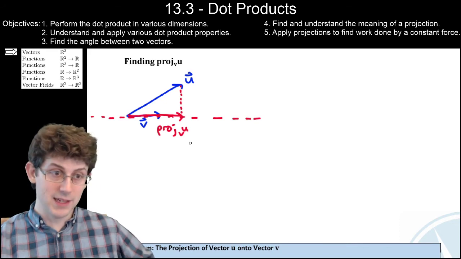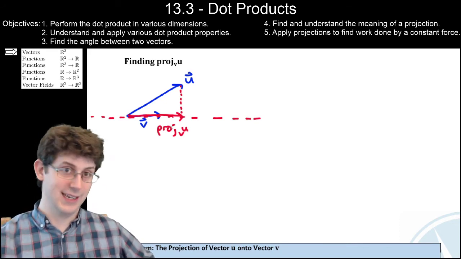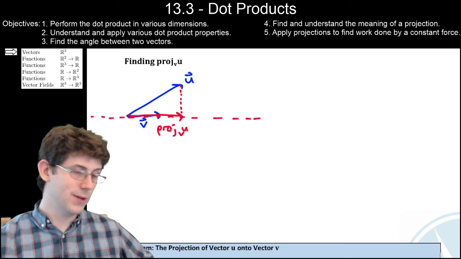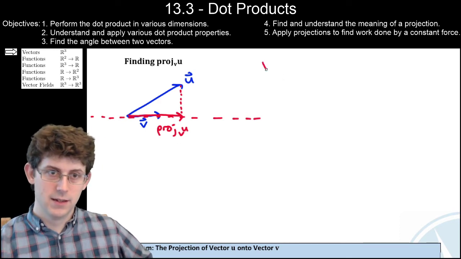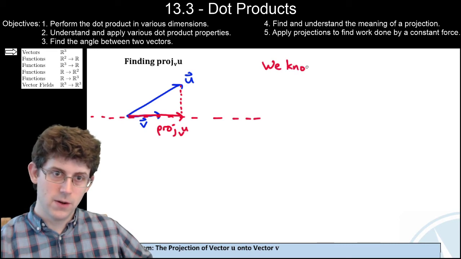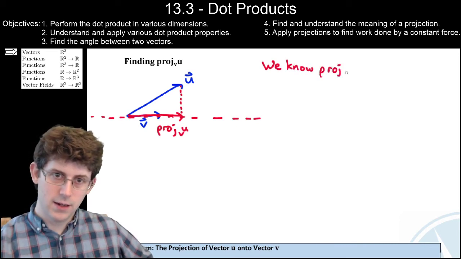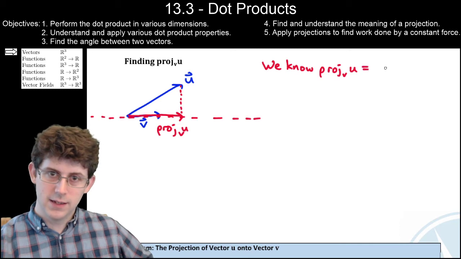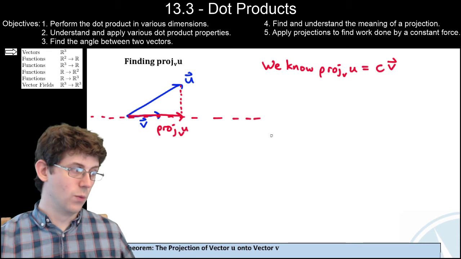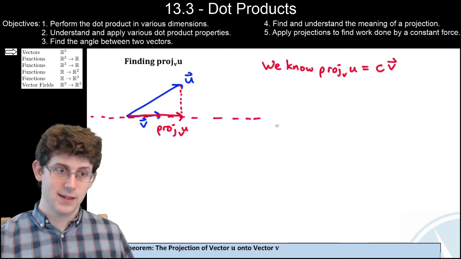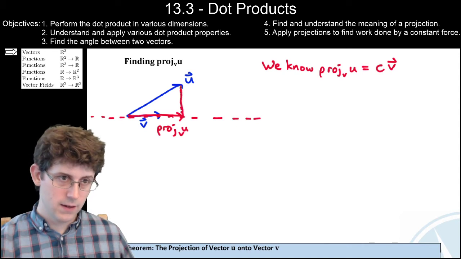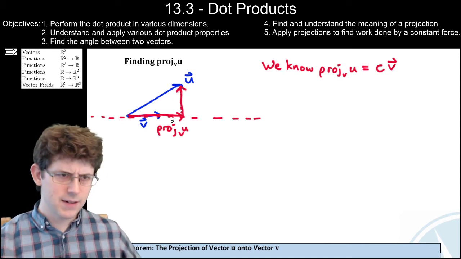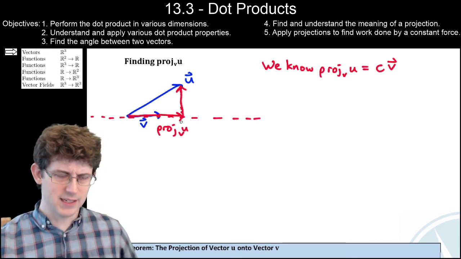Okay, I want a formula for this. So how am I going to get this? Well, I know that this projection is going to be some multiple of v. So we know the projection is some multiple of v. And the question is just like, what multiple is it? Then we've got this vector here. Can I do the same subtraction trick?